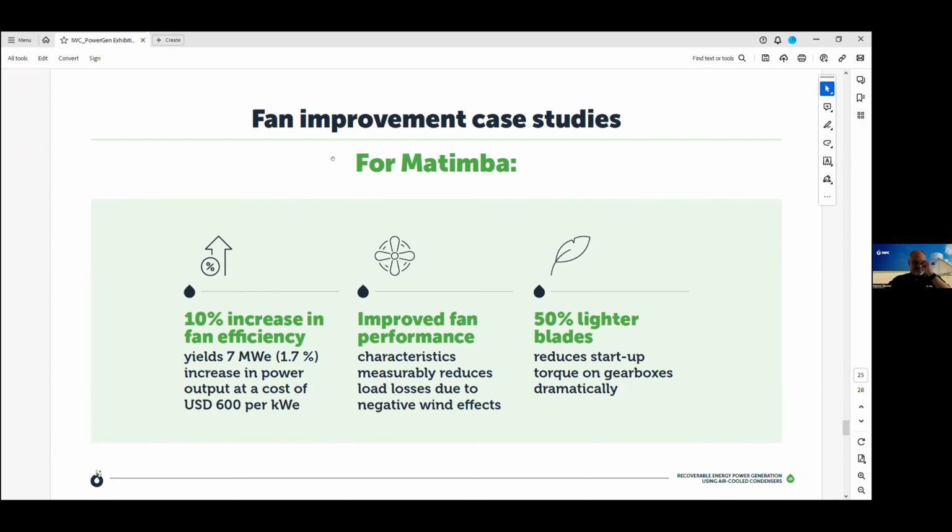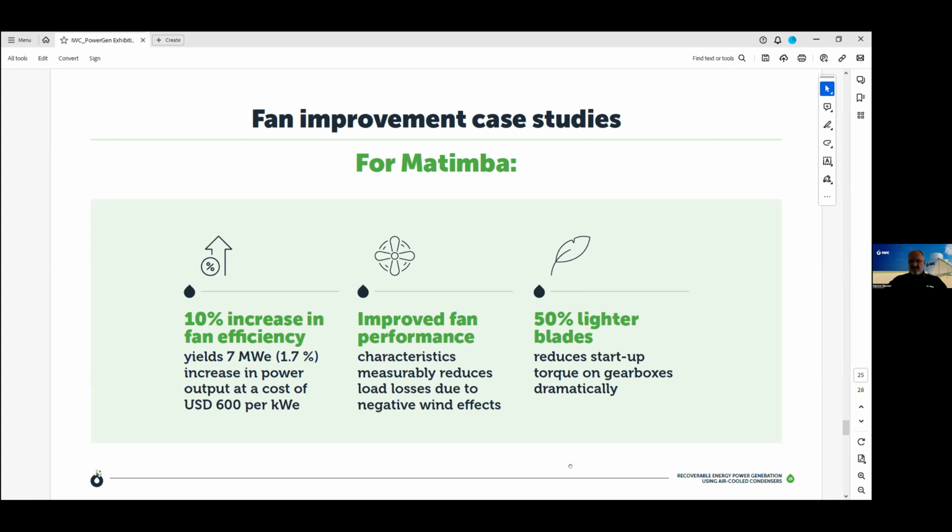Chris Meyer is involved. His company is increasing the fan efficiency by 10%. That gives you around 7 megawatts, a 1.7% increase in power output, at a cost of about $600 per kilowatt, which is very good. This also improves the fan performance under crosswind conditions, which gives an additional output.